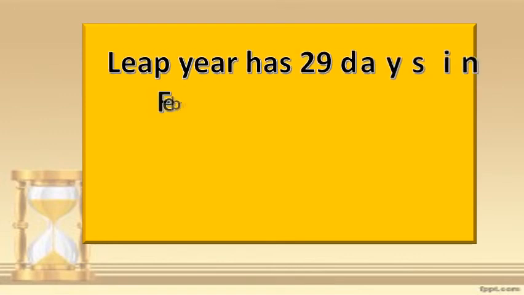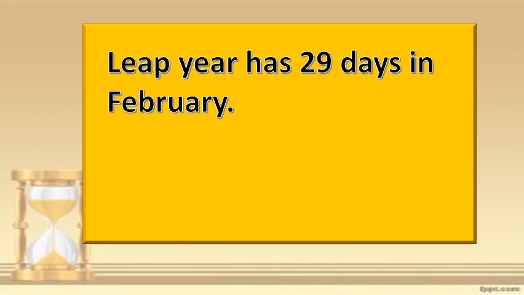Students, just now we went through, right? That a leap year has 29 days in February, right? Okay, now one more day is added to the total number of days. And you know that the total number of days of the year is always equal to 365 days, isn't it?